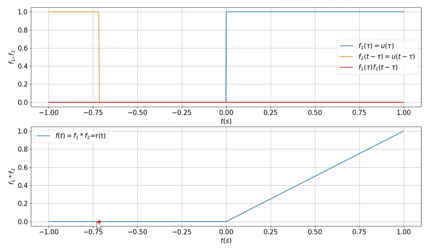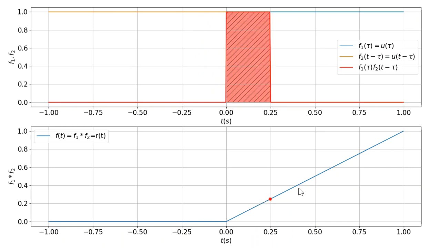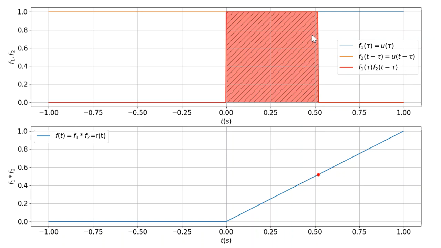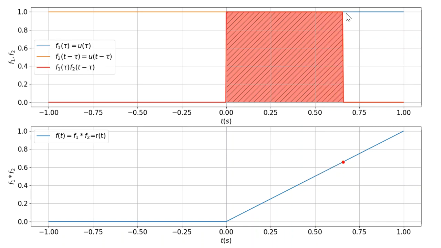There's no overlap, so there's nothing to integrate. And here we go. Now we're starting to integrate. And the longer time goes on, the more there will be to integrate. There's nothing bringing that area back down.